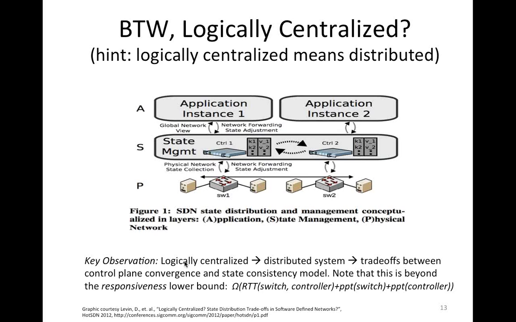We use what we call eventual consistency to make the control plane converge faster. That is above and beyond the physical responsiveness lower bound, which is just the round trip between the switch and the controller, the packet processing time at the switch, and the packet processing time in the controller. You can't go faster than that if you have to notify the controller to make the control plane respond. But there's also distribution of the state and the consistency you're going to require of that state that's going to cause more delay.